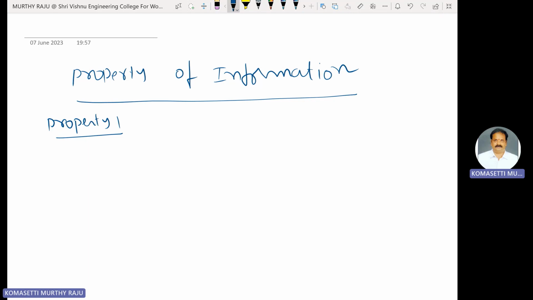Suppose an information source emits two messages, M of K and M of L. These two messages are independent of each other. The probability of occurrence of one message is P of K. The probability of occurrence of another message, M of L, is P of L. This is the information source.